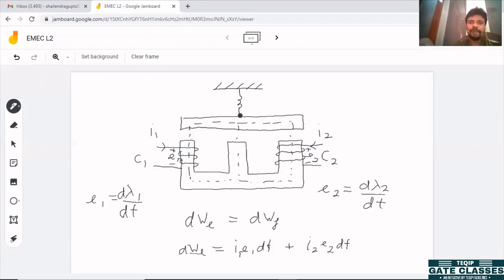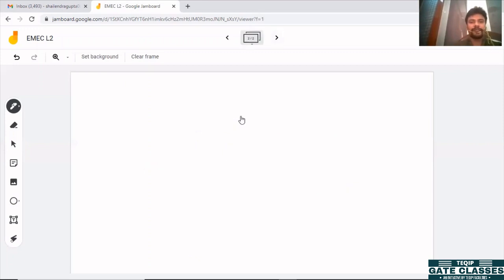So putting in these values, the electrical energy input will be I1 d lambda 1 plus I2 d lambda 2. This we can integrate from 0 to lambda 1, and this we can integrate from 0 to lambda 2.